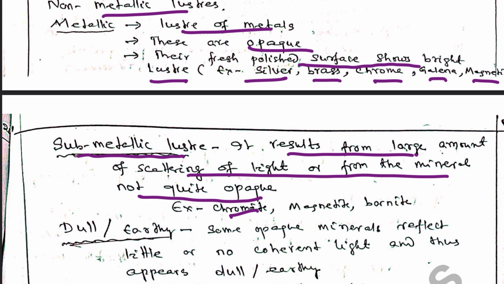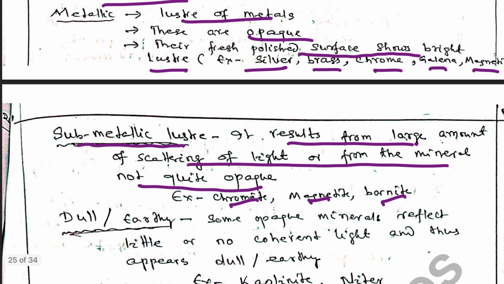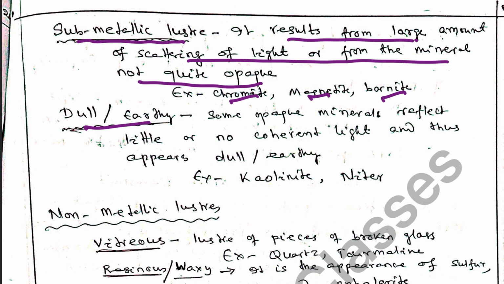For example, chromite, magnetite, bornite. Chromite is a mineral of chromium, magnetite a mineral of iron; these are the metallic minerals we can say. So here they show submetallic luster.